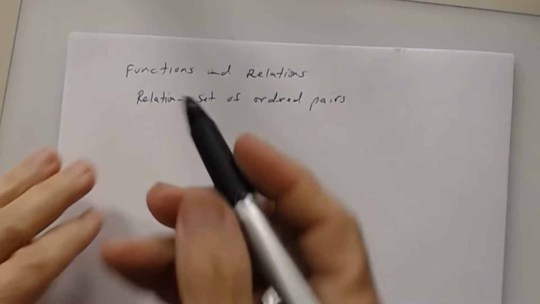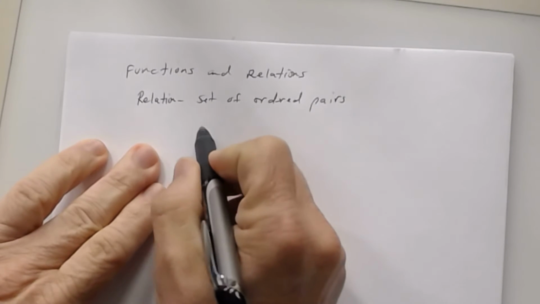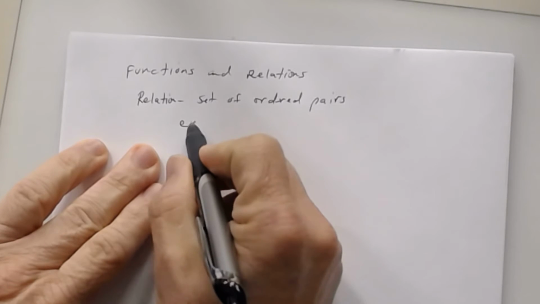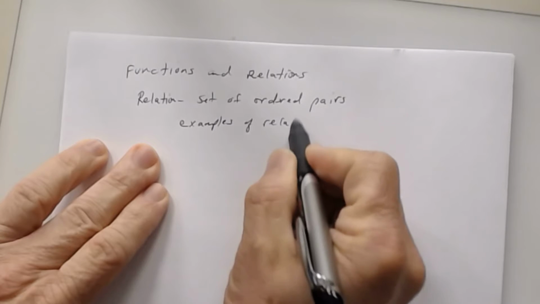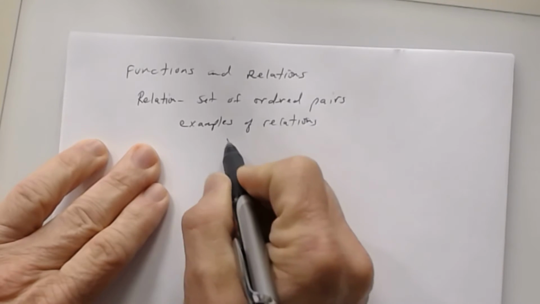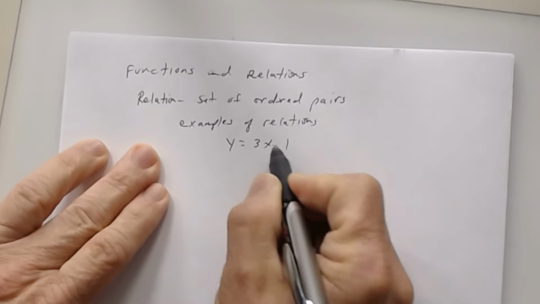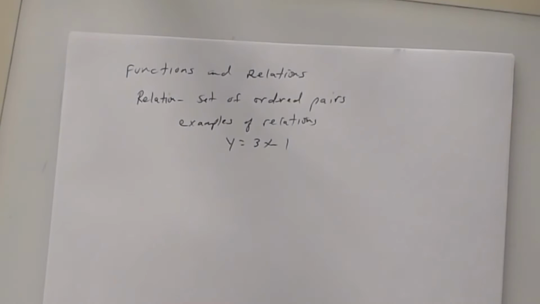Okay, so for example, these are relations that I am about to list. So, examples of relations. Y equals 3x minus 1. This equation is considered a relation.